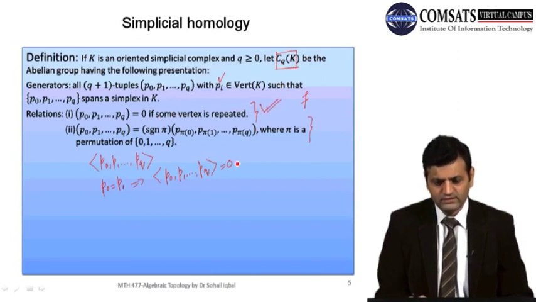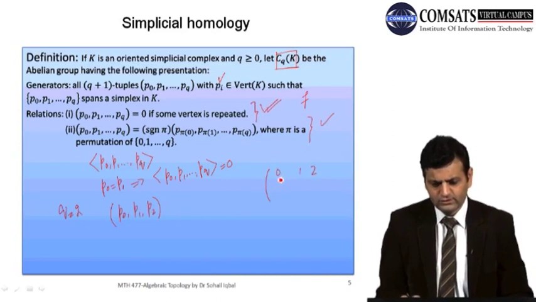So under this relation, this is a zero element. Similarly, to see the second case, let's take Q equal to 2 in particular. So P0, P1, P2. Let's use the following permutation: 0 goes to 1, 1 goes to 0, and 2 goes to 2.